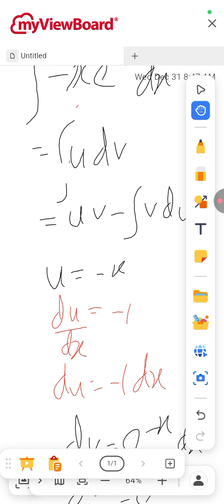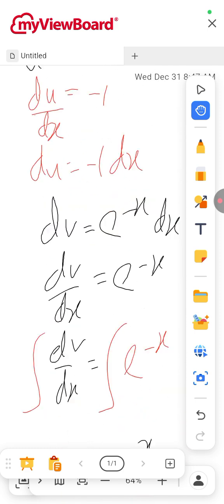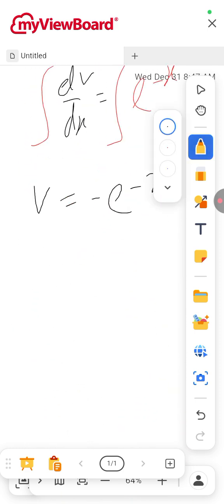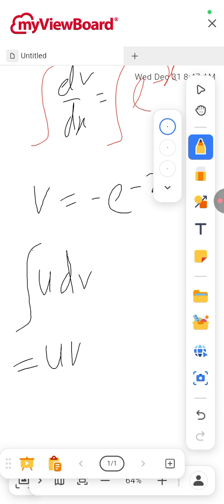So what I'm solving now is the integration of u dv as uv minus integration of v du.